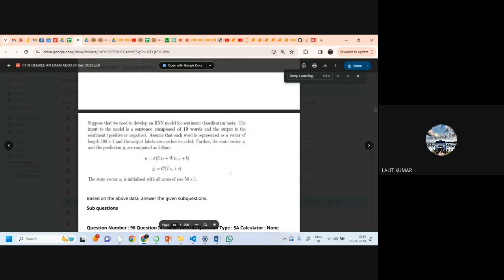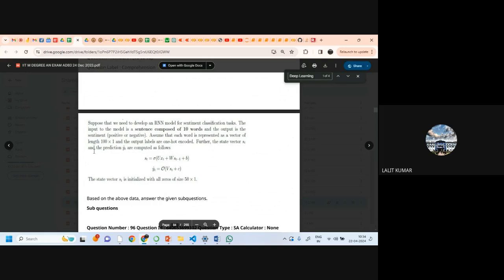Now we come to the RNN model. Suppose that we need to develop an RNN model for a sentiment classification task. The input to the model is a sentence composed of 10 words, and the output is the sentiment, positive or negative. Assume that each word is represented as a vector of length 100 x 1, and the output labels are one hot encoded.